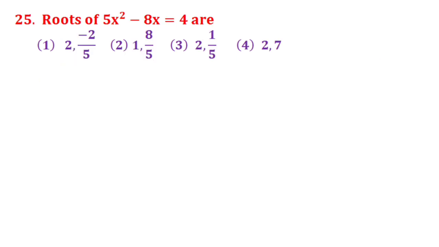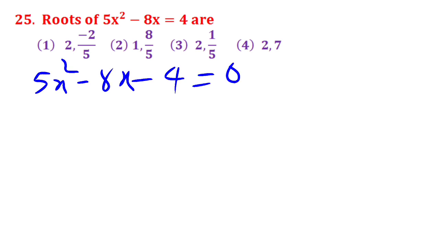Next, 25th, roots of 5x square minus 8x equals 4 are. What are the roots of the given quadratic equation? See, the given quadratic equation is not in the standard form. So what I am doing, plus 4 transpose to the left side equals 0. So to find out the roots, let's do the factorization here.